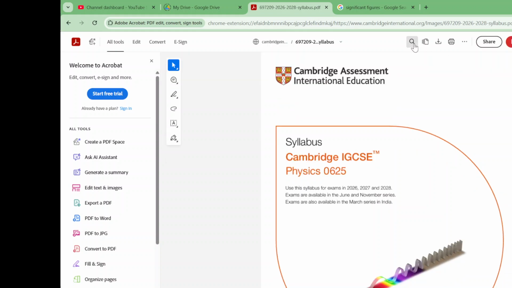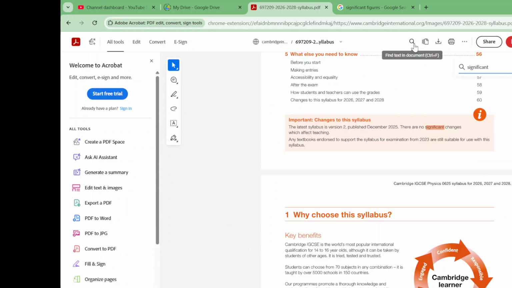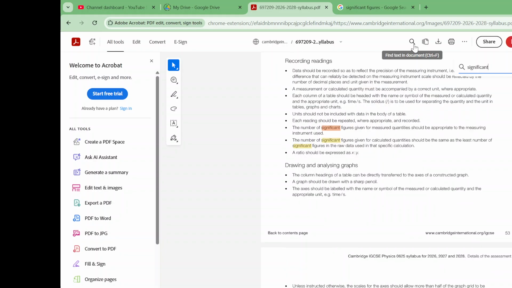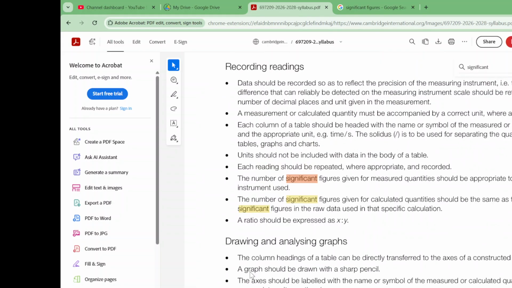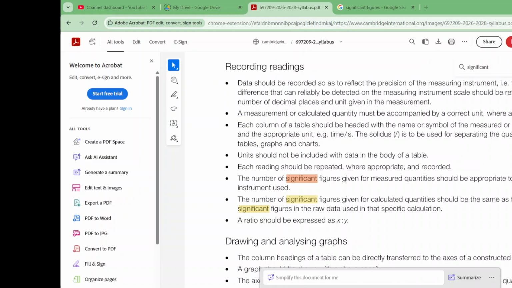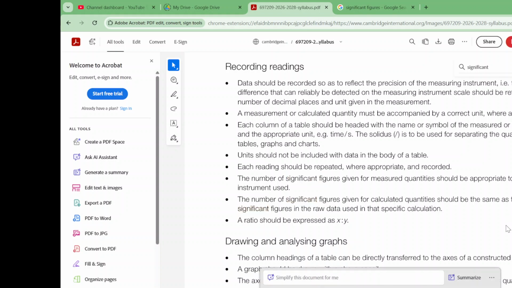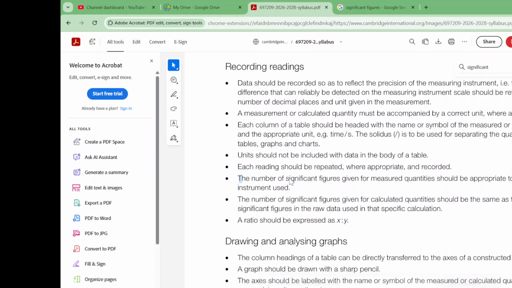and taking a look at the syllabus, not the mark scheme, and just putting in a search. Yeah, so over here, can you see that? So the syllabus says that the number of significant figures given for measured quantities should be appropriate to the measuring instrument used.